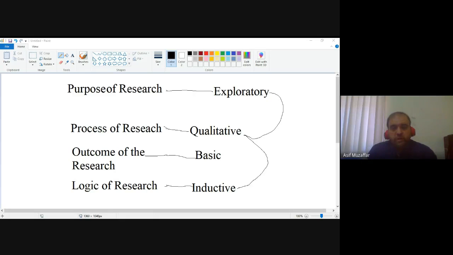Even if your outcome is applied, first of all, let us define a rule of thumb. In qualitative research, most of the time you are developing a theory. That means no one has asked you about a solution. So exploratory research will always be about increasing knowledge.